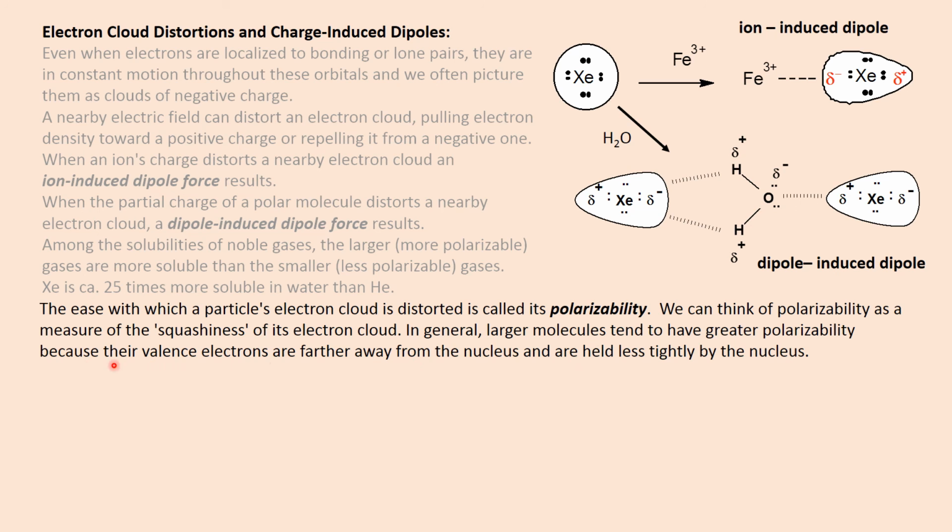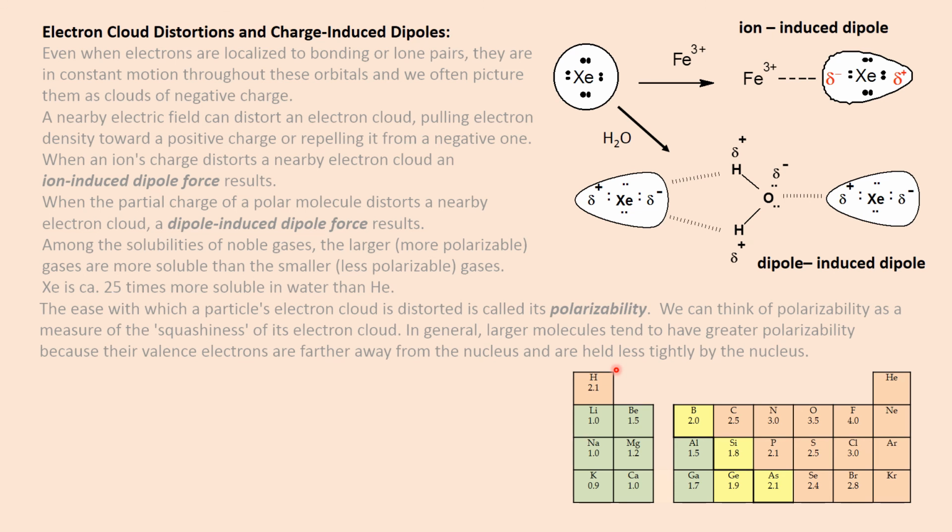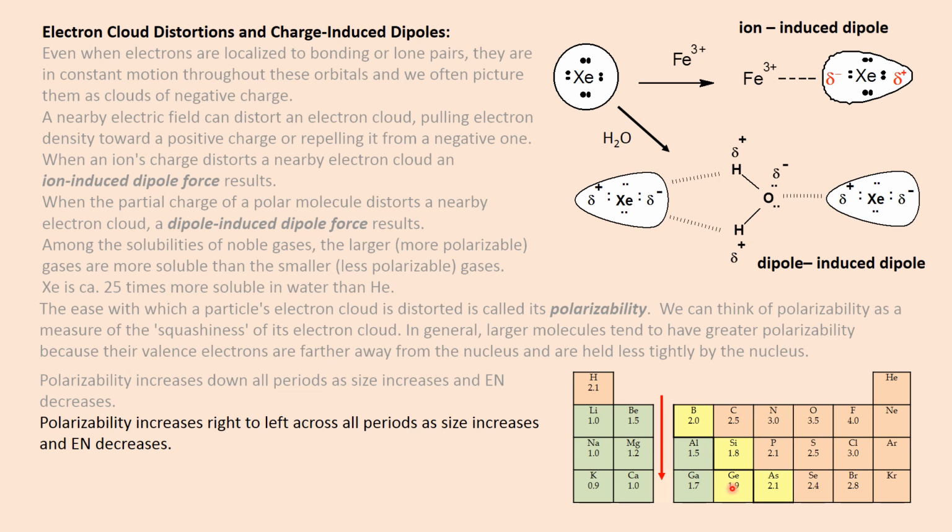Now, in general, larger molecules tend to have greater polarizability. Why? Well, their valence electrons are farther away from the nucleus. They are held less tightly by the nucleus. Now, by way of periodic trends, we will note that polarizability will increase down all groups as the size increases down each group and as electronegativity decreases down each group. Similarly, the polarizability will increase from right to left across each period, again as the size increases and the electronegativity decreases.